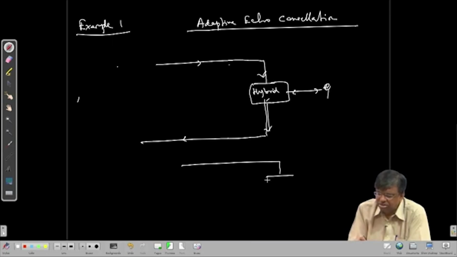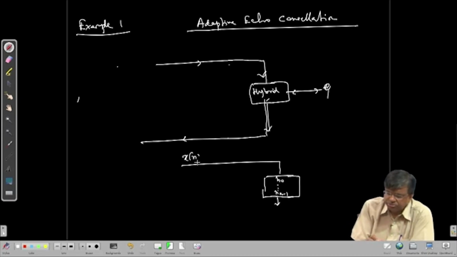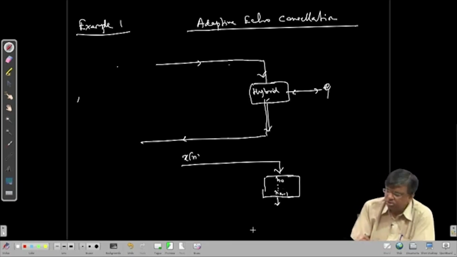So we take it to be linear and model it by an FIR filter, maybe H0 to H n minus 1. So if x n is the input, this x n convolved with these filter coefficients will be the output.